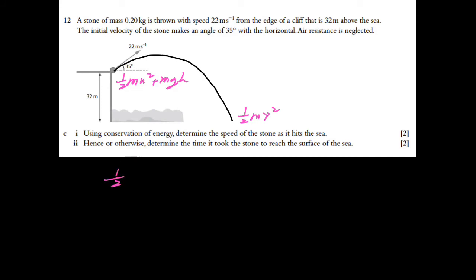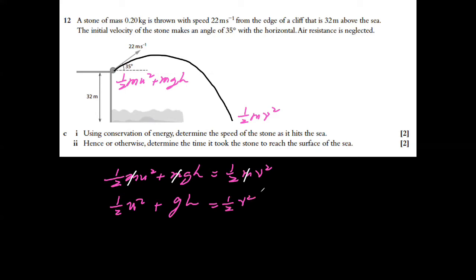So 1/2 mu squared plus mgh equals 1/2 mv squared. Masses cancel out. So you get 1/2 u squared plus gh equals 1/2 v squared. Both sides times 2, you get u squared plus 2gh equals v squared.